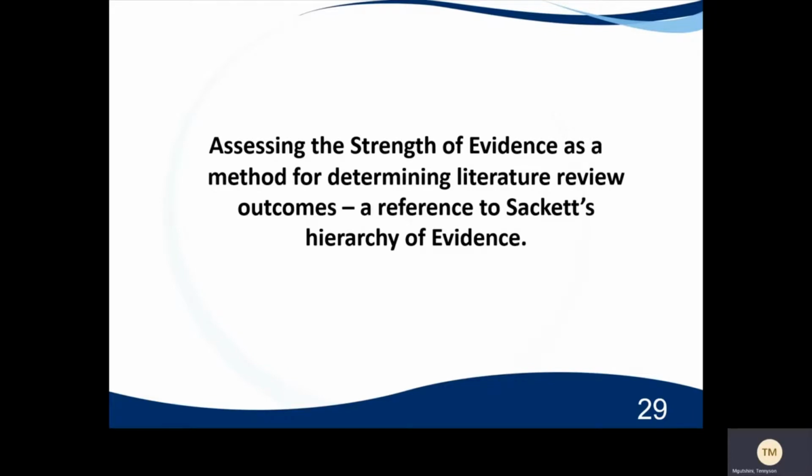And basically Sackett is an American researcher from, I think this was in 1984. He came up with a pyramid, and I'll show you the pyramid in a second. And that pyramid he used to detail and to give some direction about the different types of evidence, the different types of data sources, and how one data source is more superior in credibility than the other.